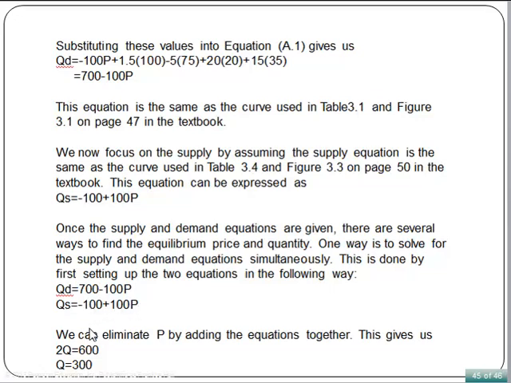We can eliminate price by adding the equations together. This gives us 2Q equals 600. We add them up, so 2Q equals 700 minus 100, which is 600, and the price terms cancel each other out. So this gives us 2Q equals 600, and Q is 300.